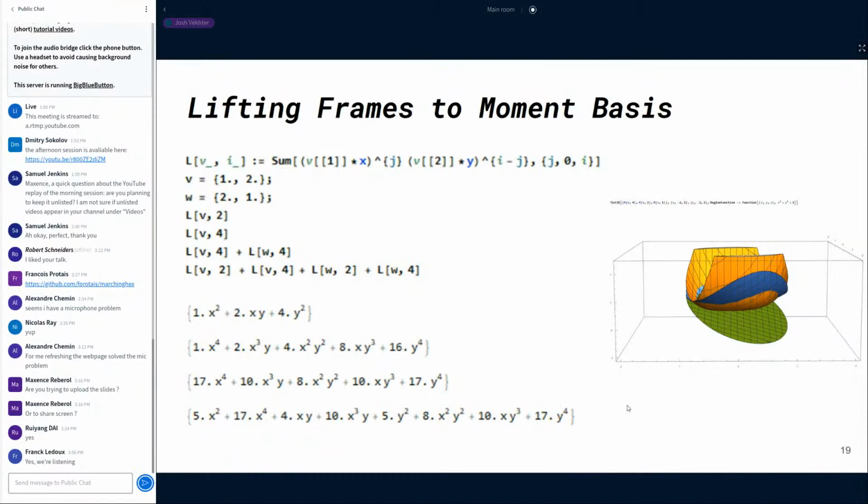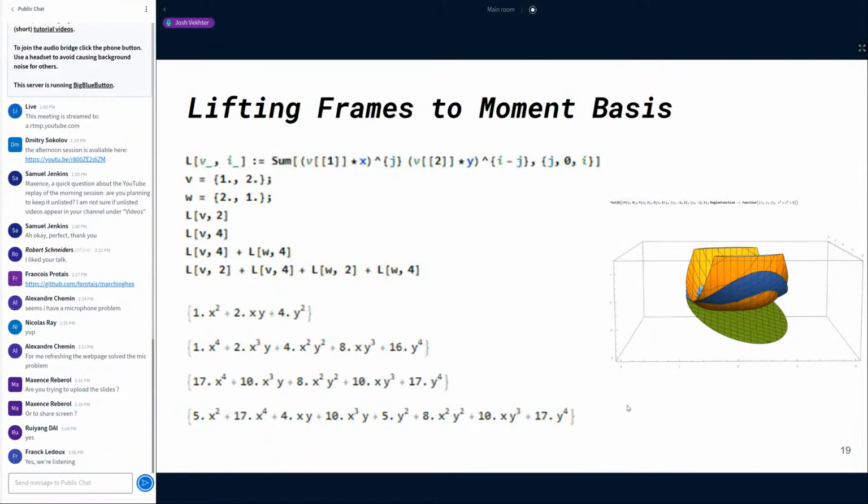And we can add these together, right? It makes sense to define L2, it makes sense to define L4, and it makes sense to define the sum of two vectors that are lifted, the sum of the L4 part with an L2 part, because these are just monomials. So we're just adding polynomials together when we do this.